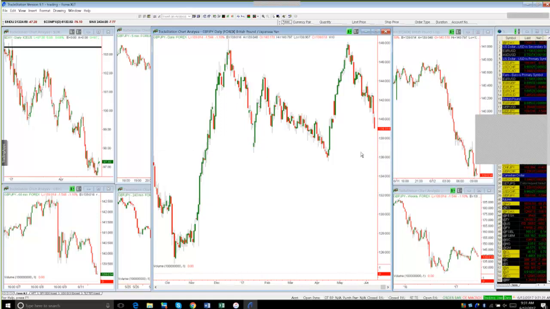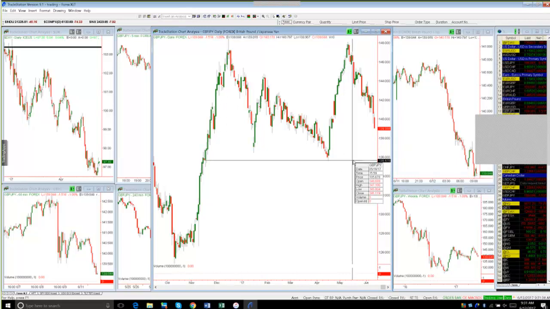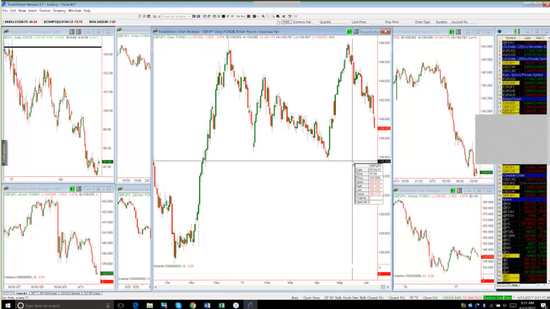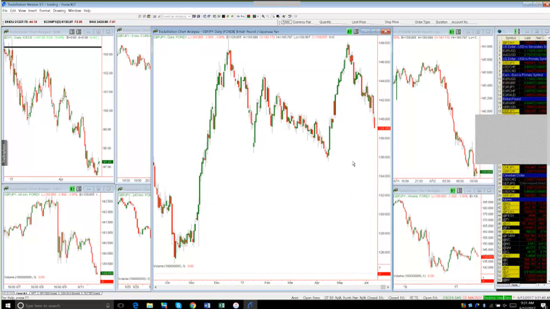And we don't just say that because there's supply there. We say that because there's supply there and there's a profit zone to the downside, meaning the demand below is filled or gone, at least down to 136.